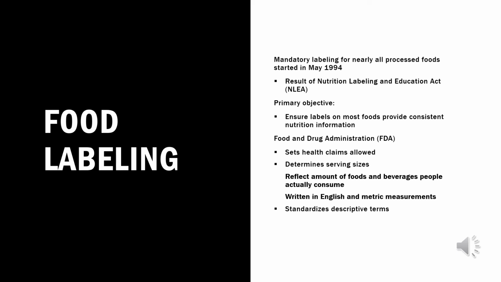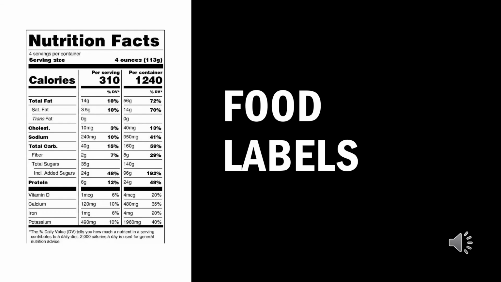So the Food and Drug Administration also said that this food labeling needs to be on as many food products as possible, because we really need to know what people are eating. We need to be able to understand what the food label says, and it needs to have a standardized layout so it's easier for us as Americans to read them.